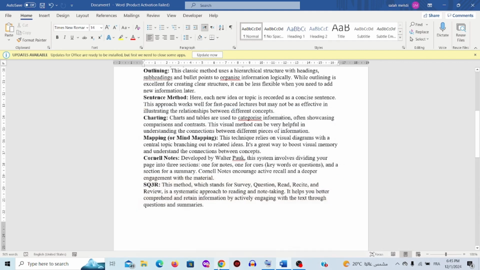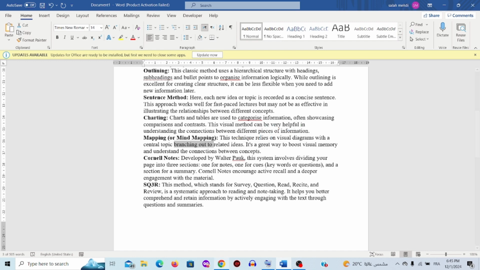Also we have mapping or mind mapping. It relies on visual diagrams, رسوم مرئية, with a central topic, عندك موضوع رئيسي, branching out to related ideas, يتفرع منه أفكار متعلقة به.